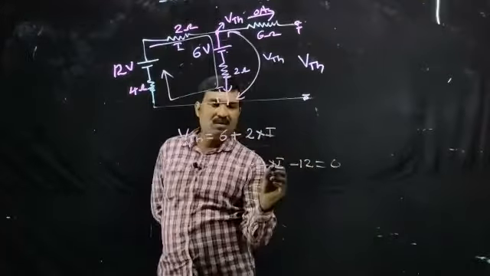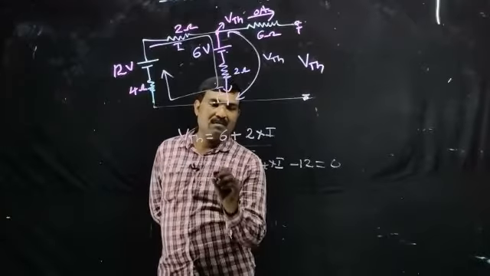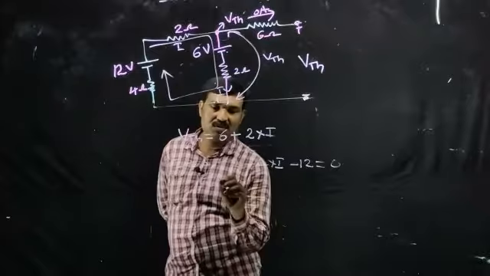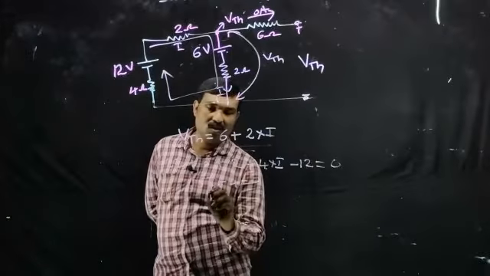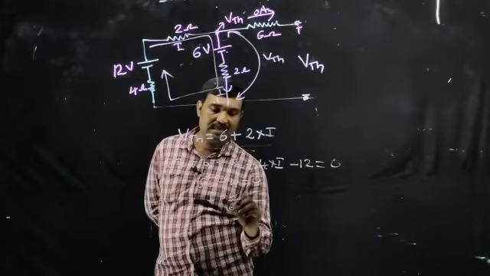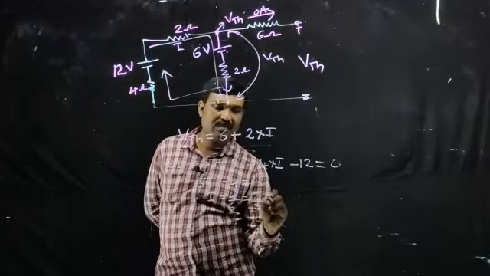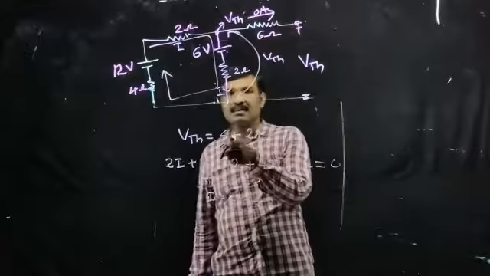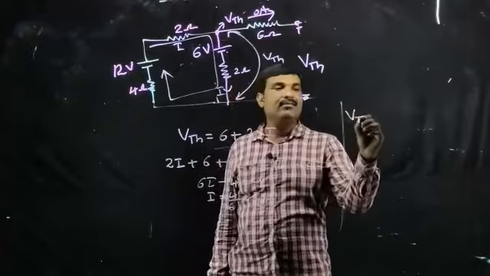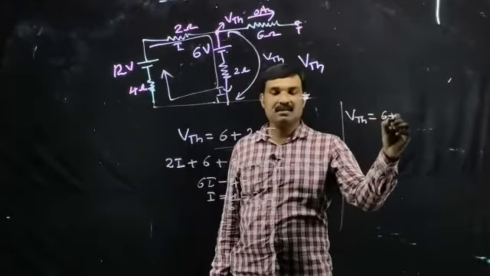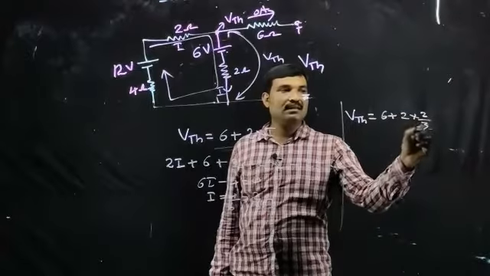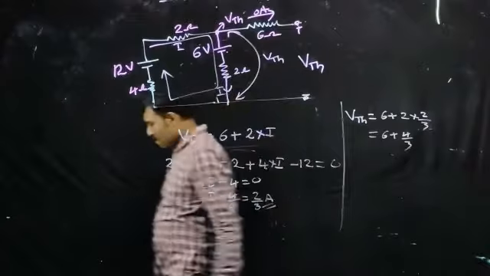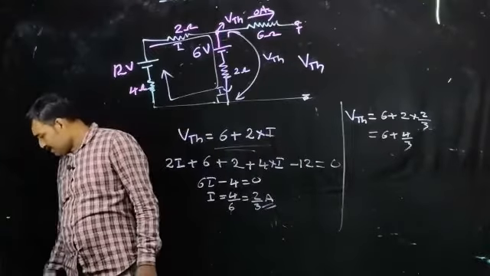So the value is 4 plus 2, 6I, plus 6 plus 2, 8, 8 minus 12, that is minus 4. 6I minus 4 is equal to 0, or I is equal to 4 by 6, that is equal to 2 by 3 ampere. That is the value of current, right? Now, by using this equation, we can obtain VTH, that is equal to 6 plus 2 into 2 by 3, that is equal to 6 plus 4 by 3, right?